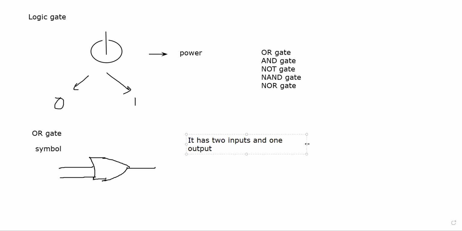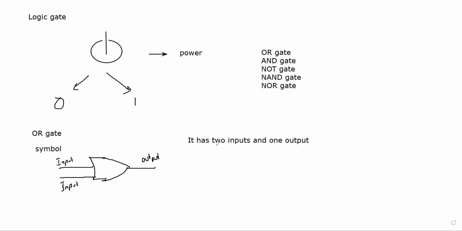So two inputs are there and one output for OR gate. And how it works, like what are the input? This one is the input, and what is going out is a output.